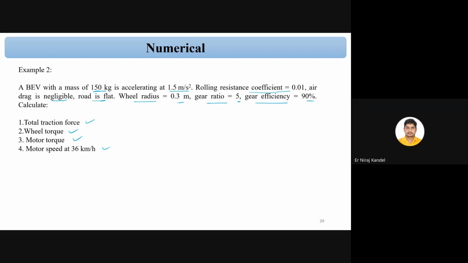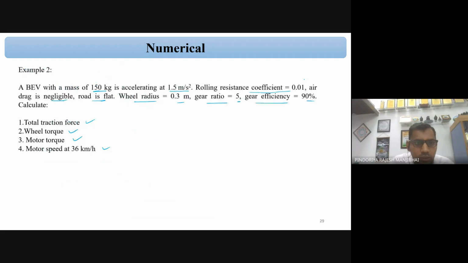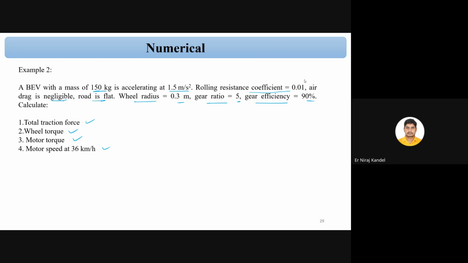I don't understand. The motor speed at 36 kilometer per hour is the speed. So the question they are asking is motor speed at 36 kilometer per hour. So it must be RPM of motor. We have to use a different formula.